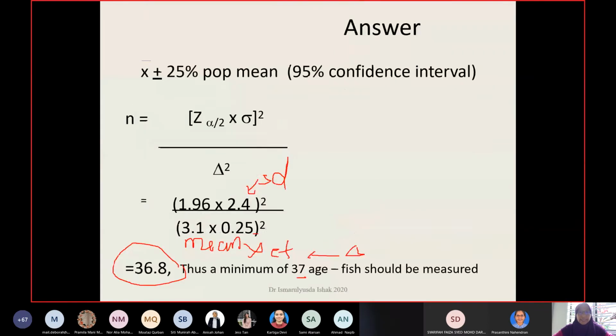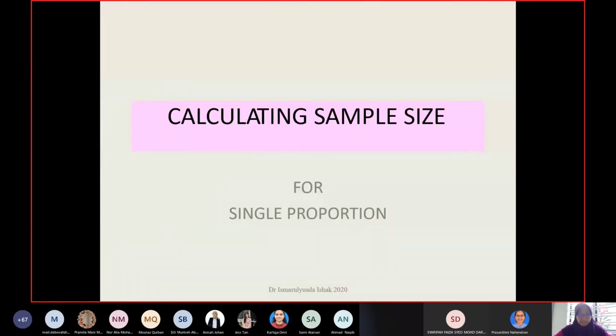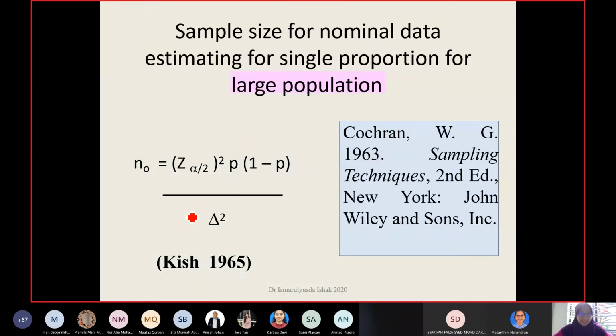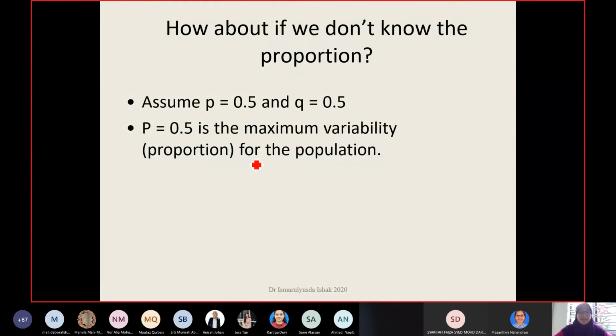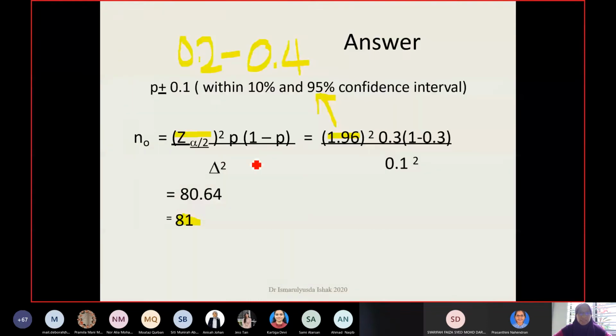However, for proportions, your delta is directly your percentage. For example, 10%, so your delta is 10%, that is 0.1. You don't have to multiply again. It is directly from the percentage.